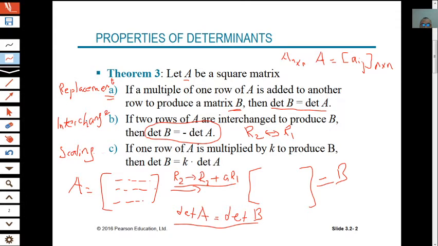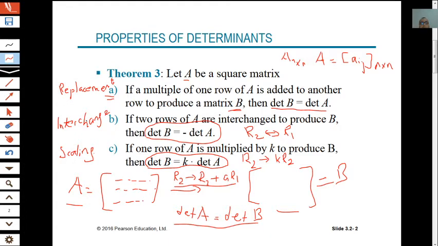When we apply the third row operation, namely R2 is replaced by k times R2, scaling, the determinant of this matrix will be k times the determinant of the given matrix.